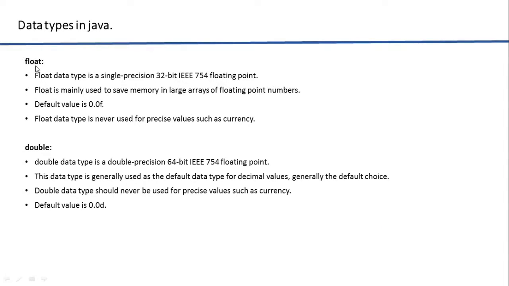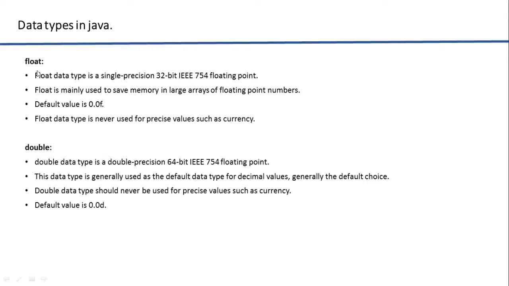Float and double data types are used to represent decimal numbers in Java. The float data type is single precision 32-bit IEEE 754 floating point, whereas the double data type is double precision 64-bit IEEE 754 floating point.